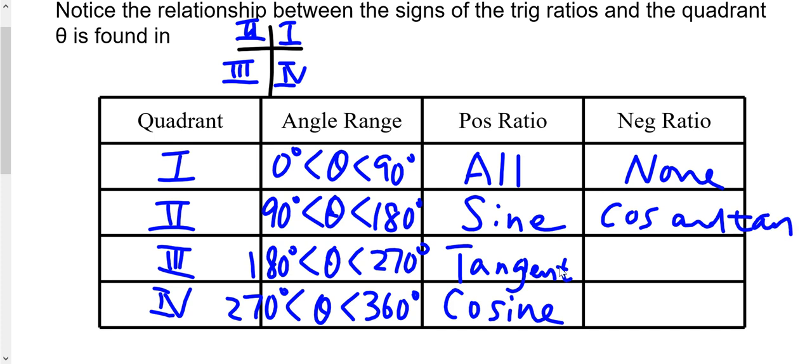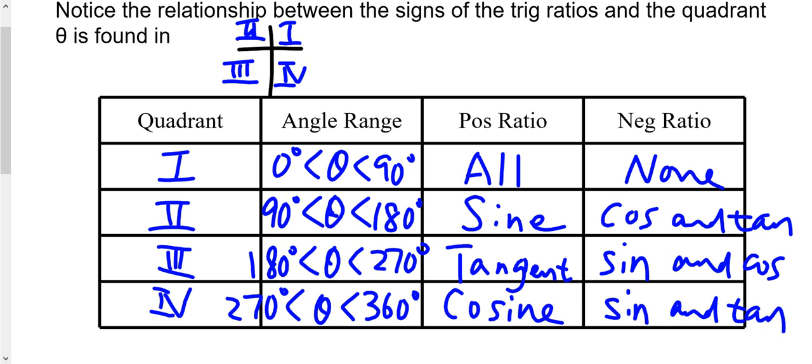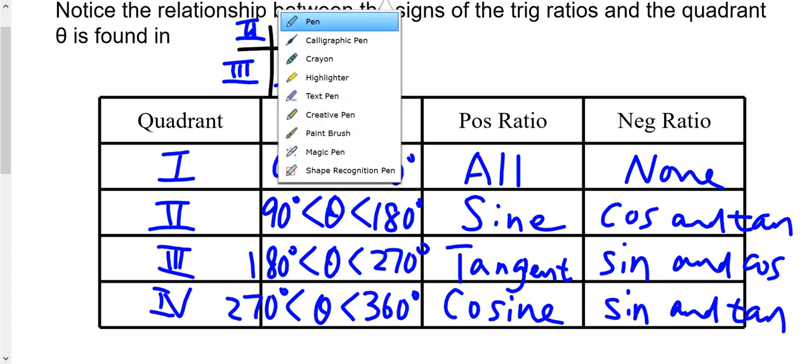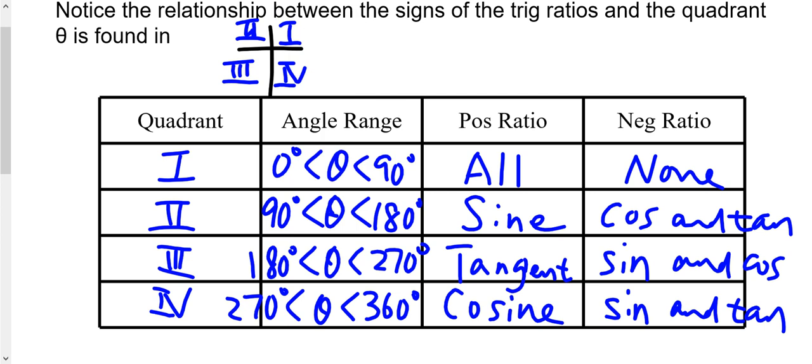If tangent is positive in quadrant 3, that means sine and cosine are negative. Last one, if cosine is positive in quadrant 4, that means sine and tangent are negative.